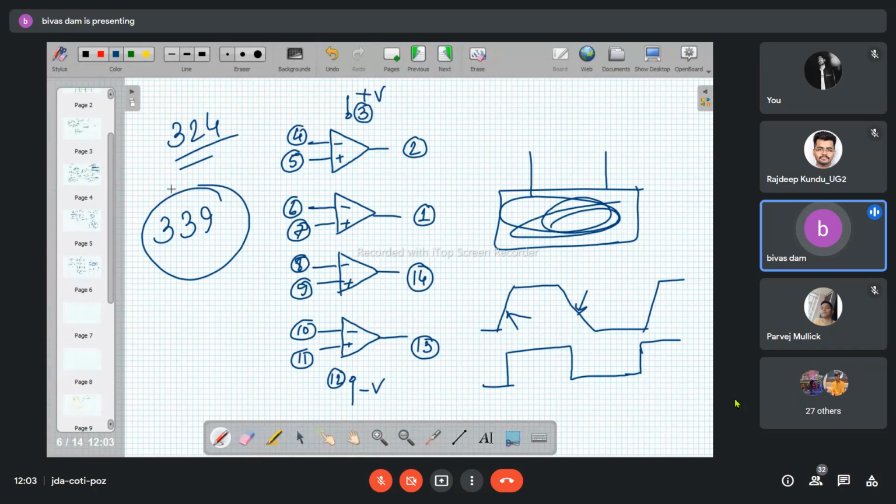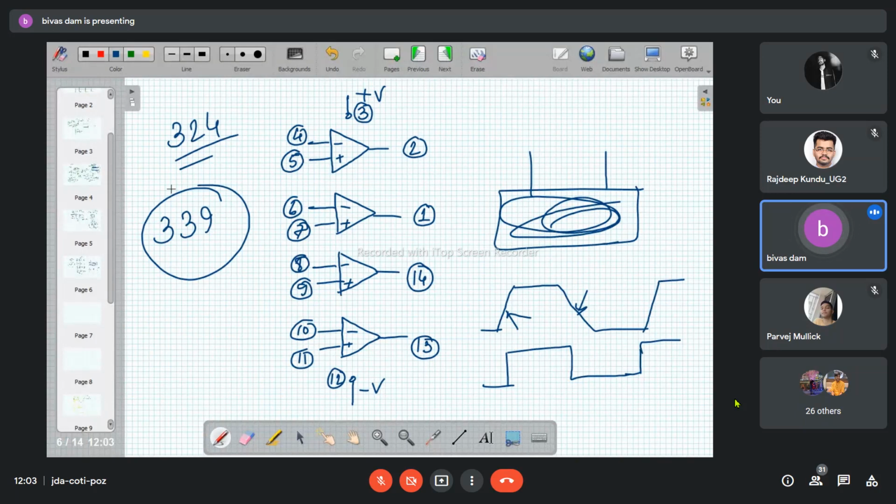So these are all universally accepted part numbers. If you try to design your own in some foundry, you can assign some other name. But once this 339 has been made public, whoever is designing or fabricating it has to use the 339, though they can have their company prefix.